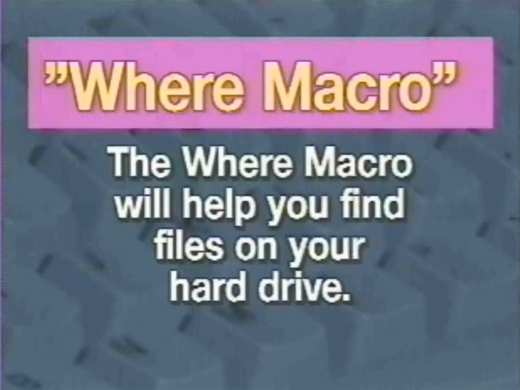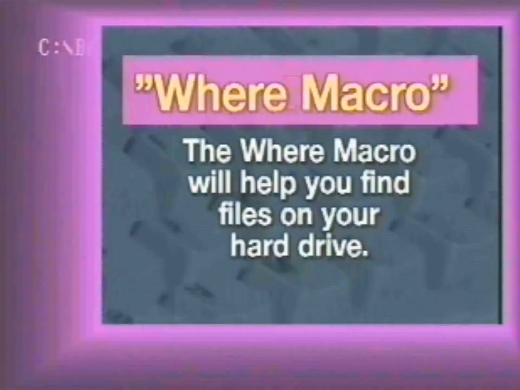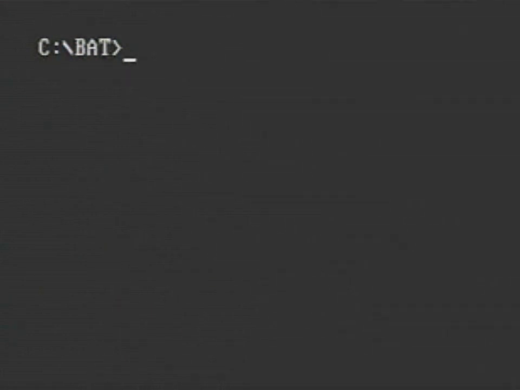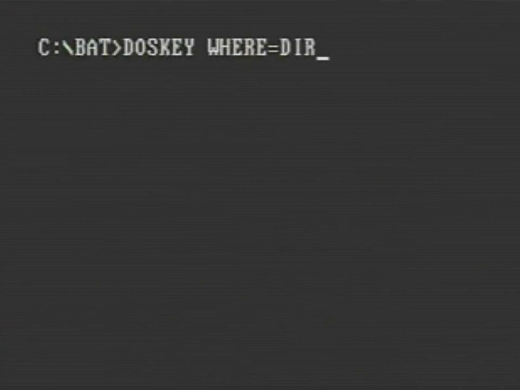This macro will help you find files on your hard drive. All you need to know is some part of the name or use the DOS wildcards. Type DOSKEY, a space, the word where, an equal sign, dir, a space, $1, a space, /s/p, and press Enter.